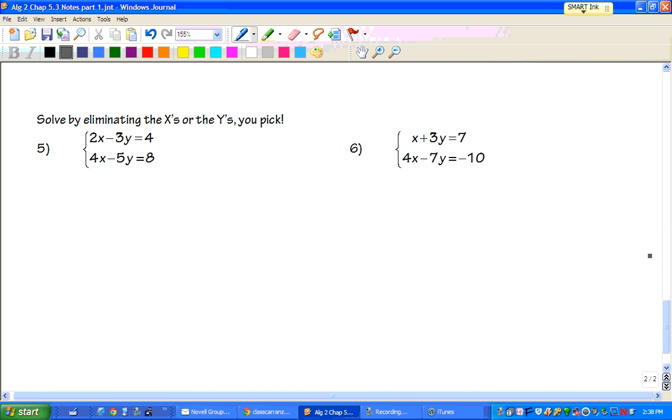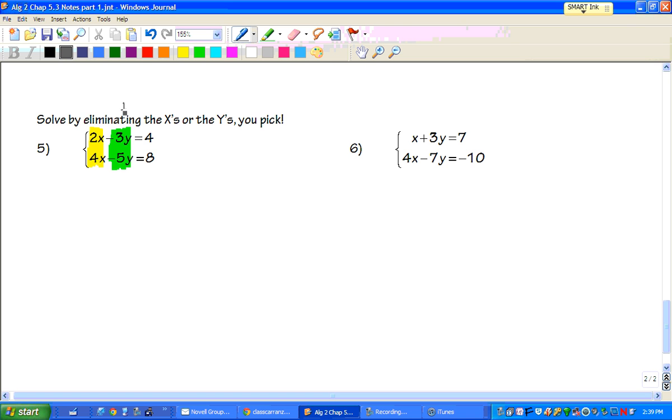So, we will do number 5 together, and number 6 is all on your own. So solve by eliminating the x's or the y's. We get to pick. So those are the x's and those are the y's. Okay?